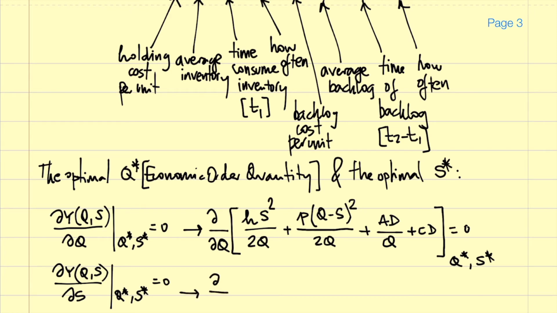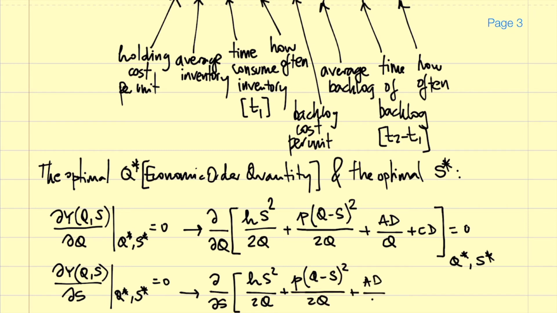And the next one is the derivative with respect to S, in Q star, S star equals 0.